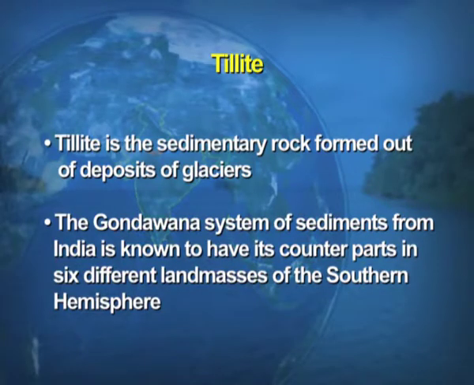Then he also talked about tillite, the sedimentary rocks formed out of the deposits of glaciers, which are found in the Gondwana system of sediments from India and is known to have its counterpart in 6 different land masses of the southern hemisphere. How would this have been possible if these had not once been part of the same land mass? This clearly demonstrates remarkably similar histories of the land masses.